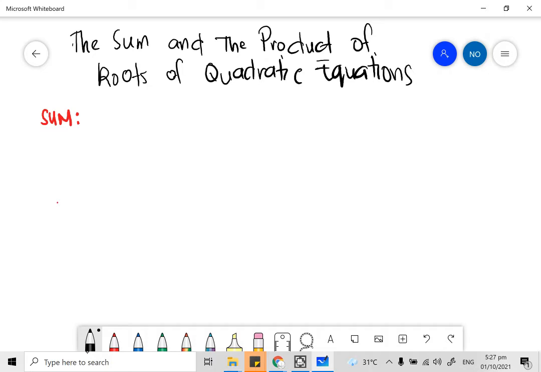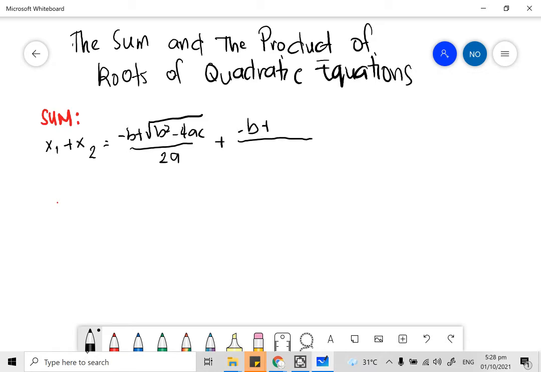So simulan natin. So dahil sum yan, ibig sabihin ipag-add lang natin yung dalawang roots, x sub 1 and then the x sub 2. We're just going to add them. Okay. And then yung x sub 1 natin ay negative b plus square root of b squared minus 4ac all over 2a plus x sub 2, ang x sub 2 natin once again ay negative b plus square root of b squared minus 4ac all over 2a.